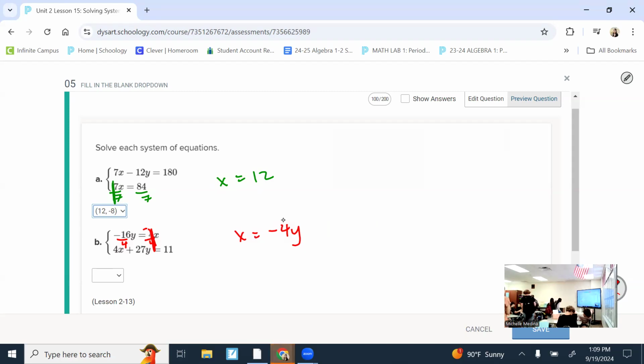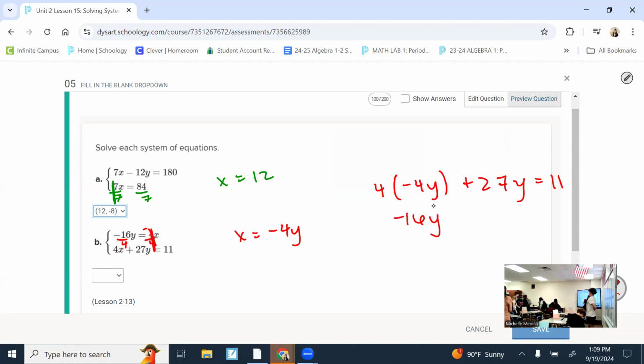And so I have to plug in that expression into the other for the x. So I get 4 times -4y plus 27y equals 11, and I have to start simplifying. I get -16y plus 27y equals 11.